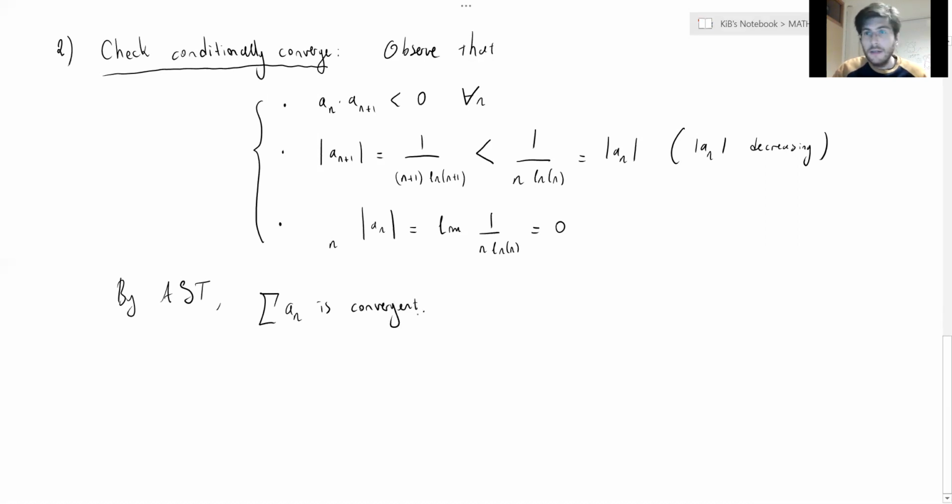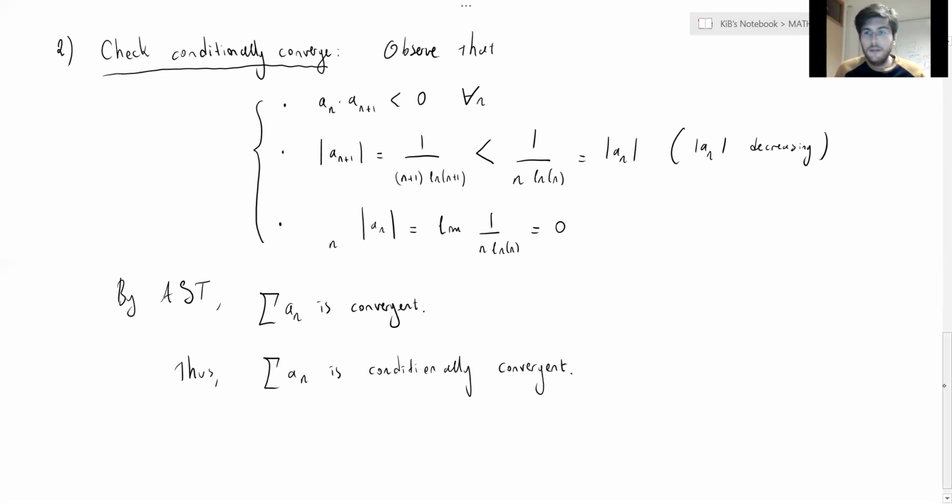But remember, it is not absolutely convergent, but it is convergent. Therefore, we say that a_n is conditionally convergent.